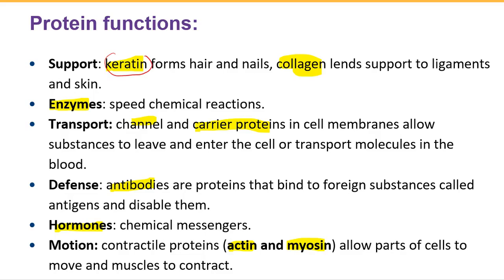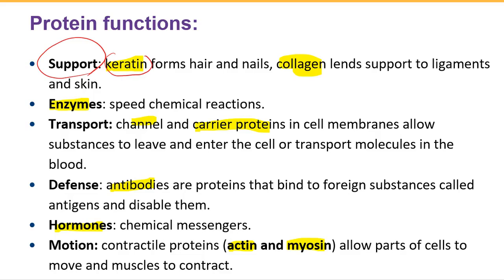We have collagen in our tendons and ligaments, so they give support to these structures. So keratin and collagen are examples of proteins that we can find in our hair, nails, skin, and tendons, and their job is to support. So we can say one of the important protein functions is to support. The best examples are keratin and collagen.